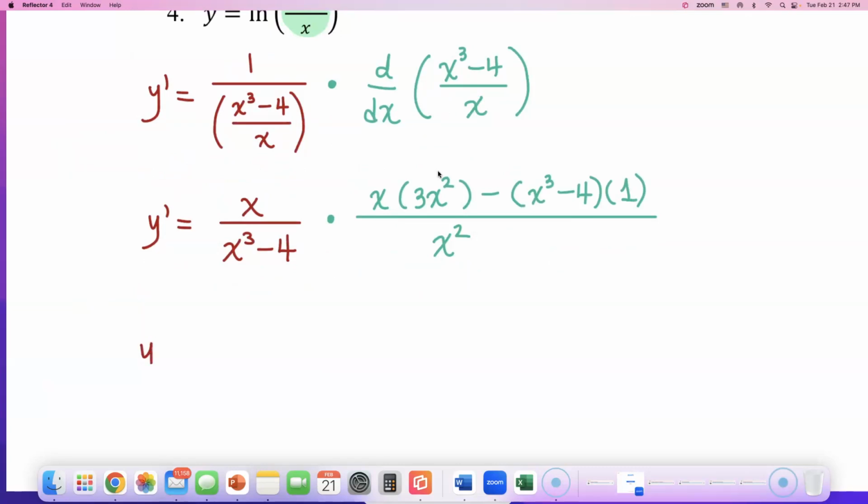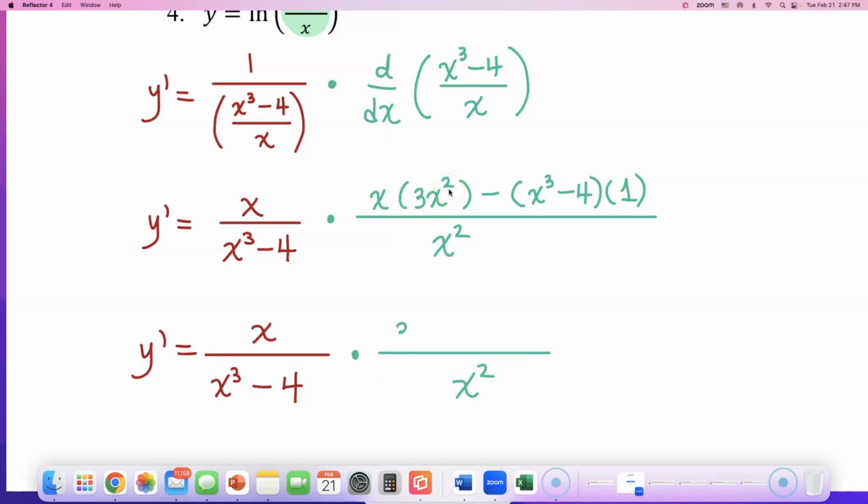So I'll keep that red fraction the same for right now because I want to go work on that green one. It's a mess up there. So let's see. If you look at the numerator, what do we have? x times 3x squared.